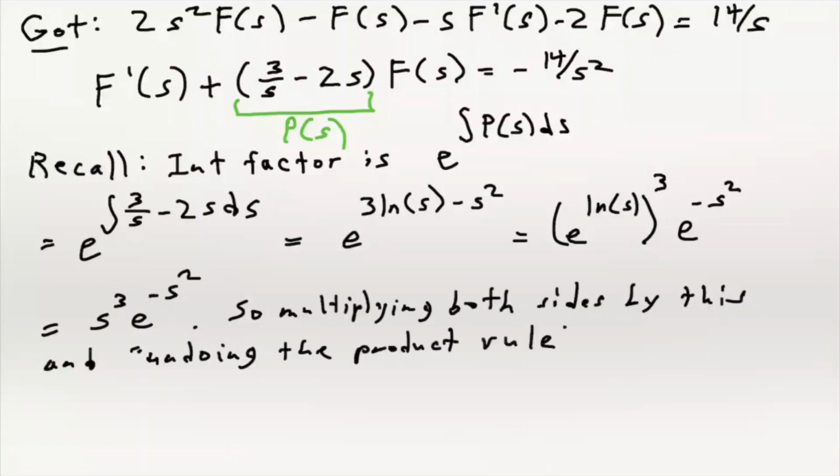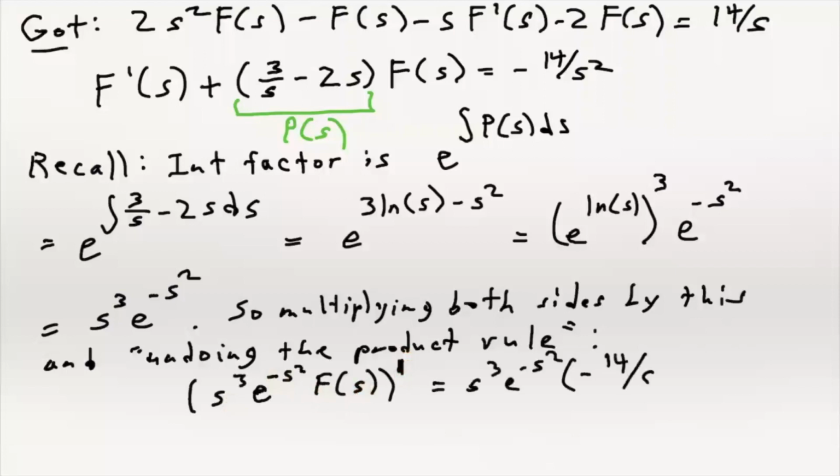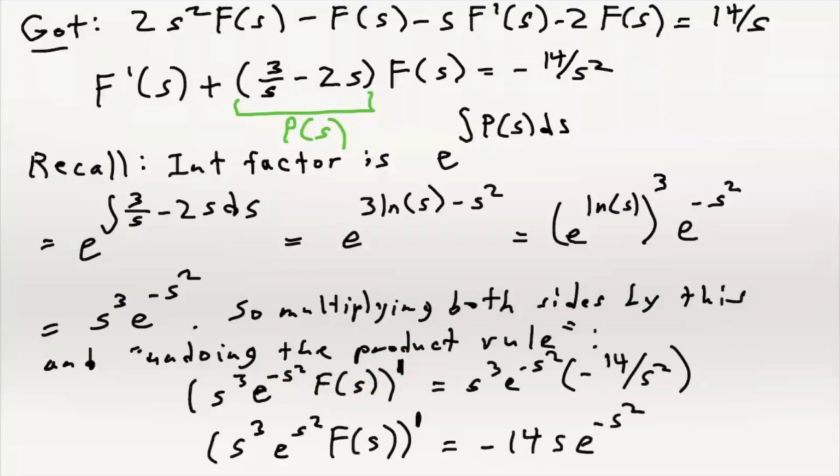So multiplying both sides of our differential equation by our integrating factor, and then undoing the product rule, that is s cubed e to the negative s squared times F of s prime is equal to s cubed e to the negative s squared times negative 14 over s squared. Or slightly simplifying the right-hand side, we have that.